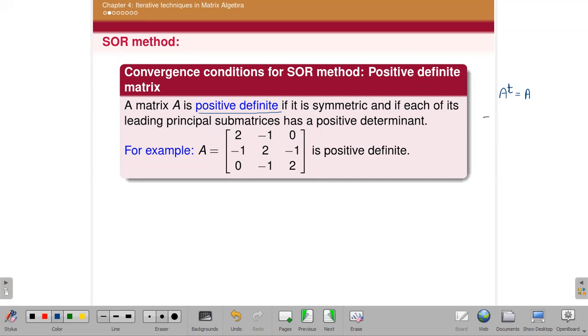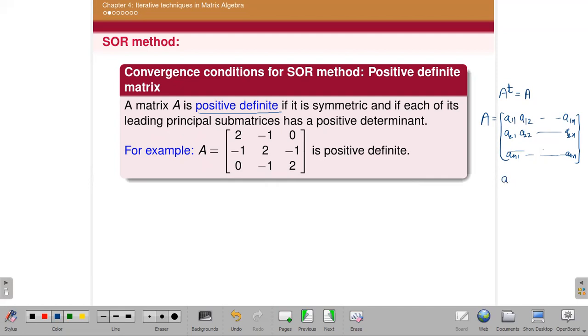Leading principal means, if I take any general A matrix, A11 up to A1n, I'm taking the submatrices.